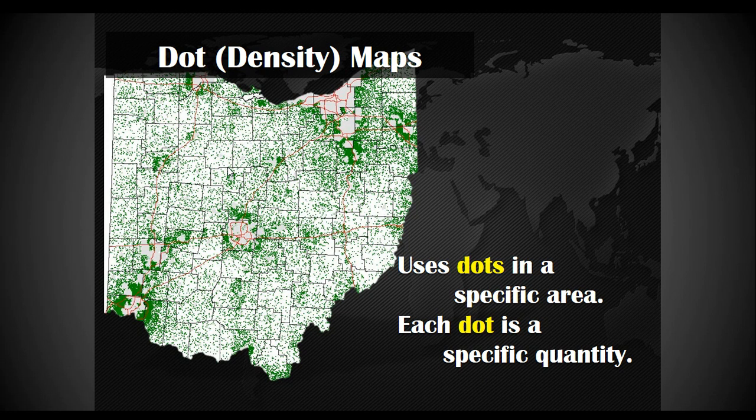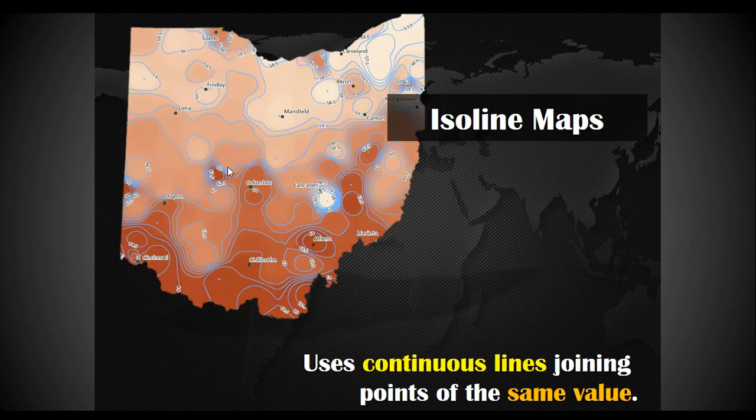It's pinpointing an area, but also each dot can represent a certain quantity. So each dot could represent 100 horses, or 100 people, or 5 grocery stores. Depending on what that is, each dot is going to represent something, but that's a dot density map. You'll put the dot in the location and it can represent a certain value, a certain volume of density.